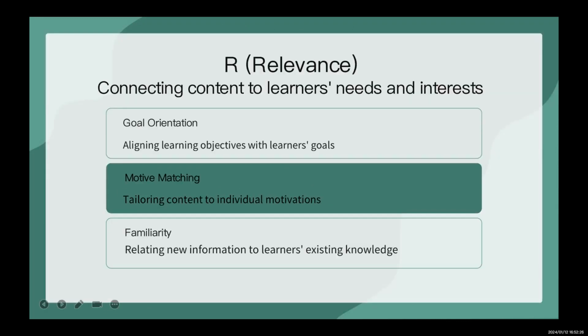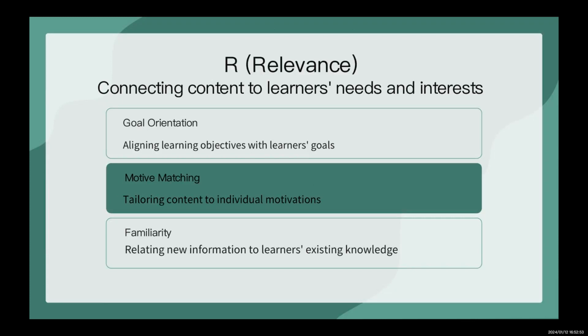Next one, R. R points to relevance. And what is relevance? Connecting content to learners' needs and interests. Maybe before or after this course, we will learn some different learning theories or other study models, for example, needs assessment, right?